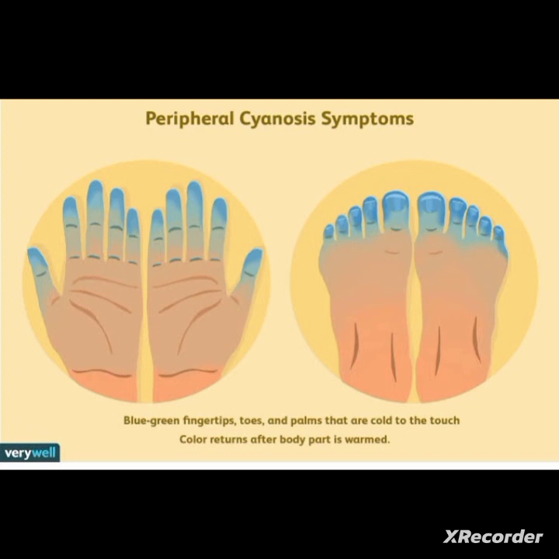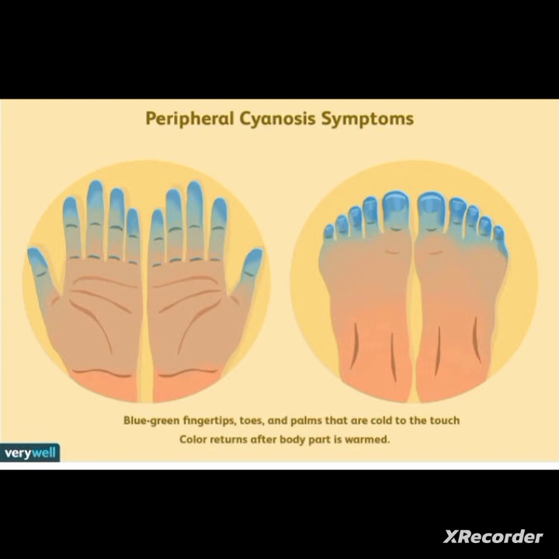When we touch these extremities, they will be cold, but in central cyanosis the extremities are warm. And peripheral cyanosis can resolve when warmth is applied to the extremities.